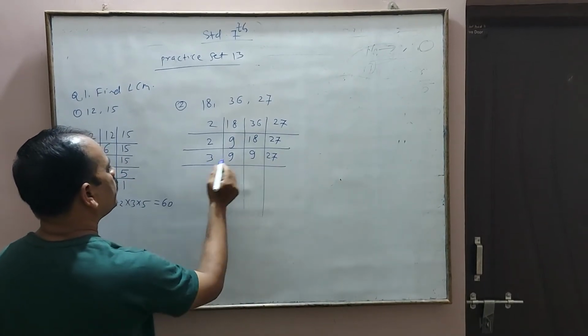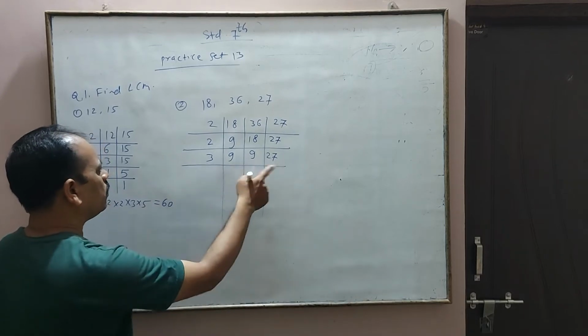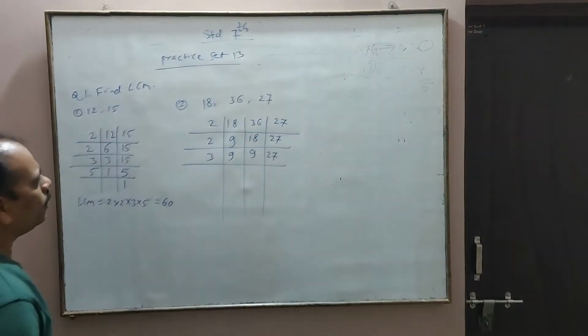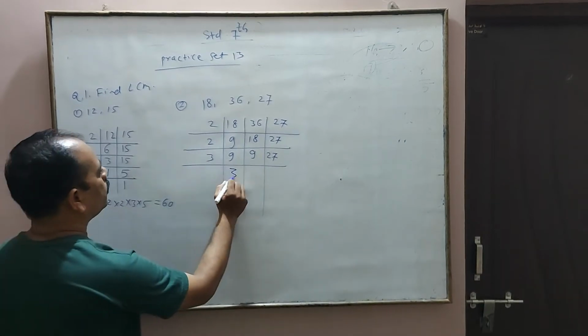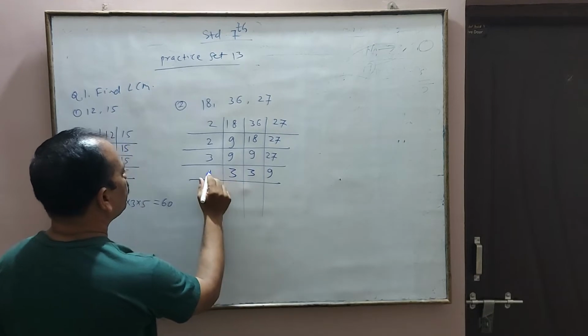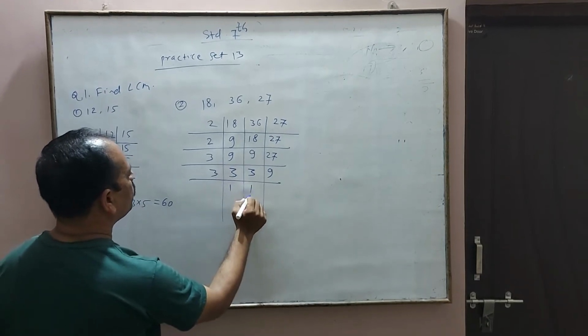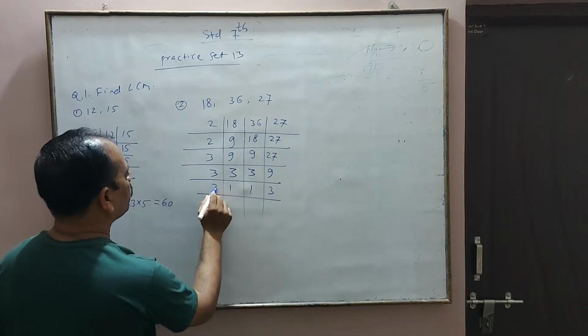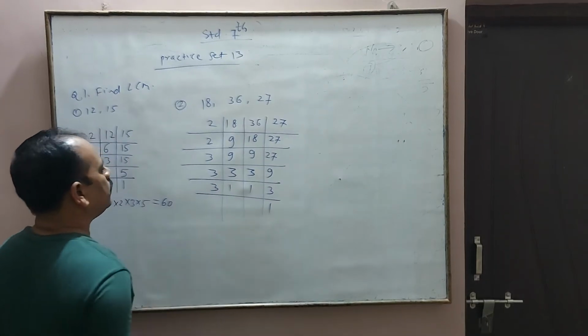Now I divide by 3 directly because all these three numbers 9, 9 and 27 are not divisible by 2. So I divide by 3, 3 3s are 9, 3 3s are 9, 3 9s are 27. Again I divide by 3, 3 1s are 3, 3 1s are 3, 3 3s are 9 and here it is 1, 3 1s are 3.